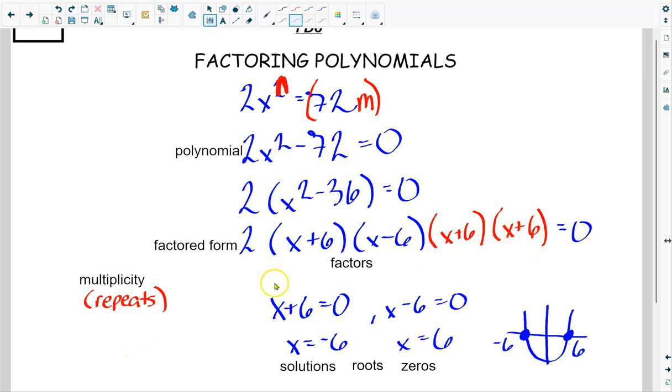So in this made-up situation, to understand multiplicity, I have 1, 2, 3 of the same ones. So I would put a cube, and I only have one of these guys.